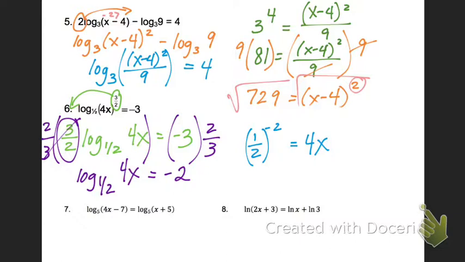Okay, what is 1/2 to the -2? So the negative means that it flips, and the 2 squared means that it's 4. So 1/2 to the -2 is what? Just 4. So x equals 1.